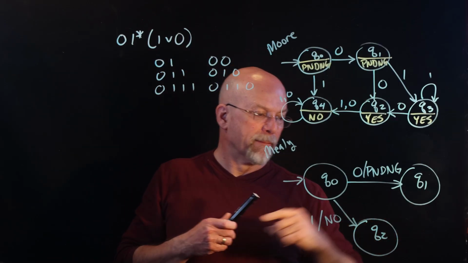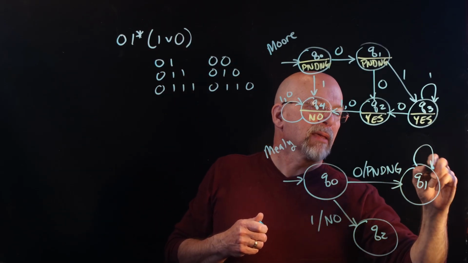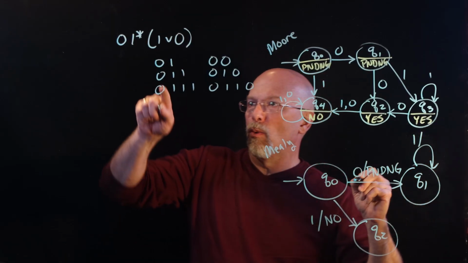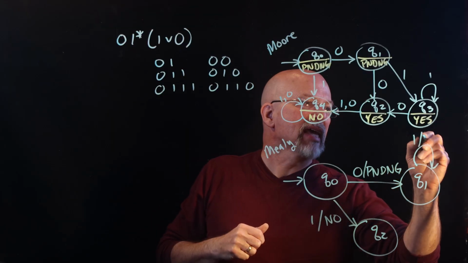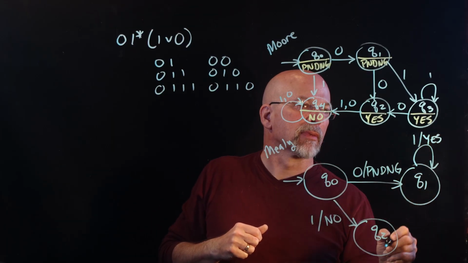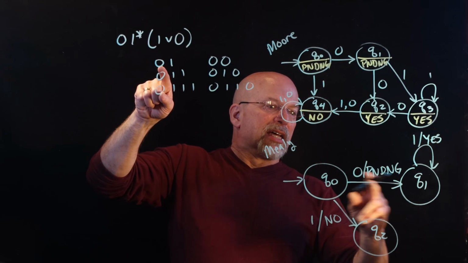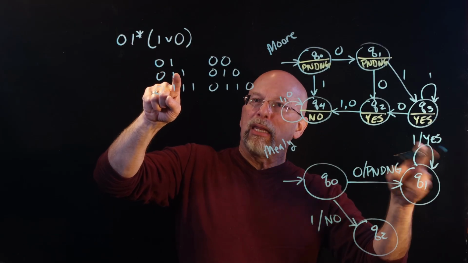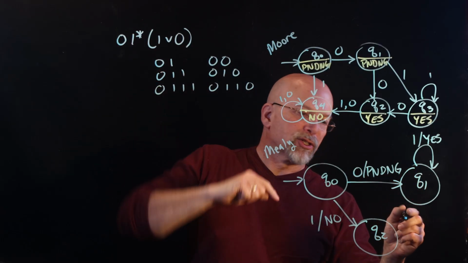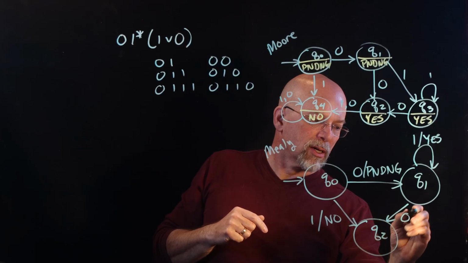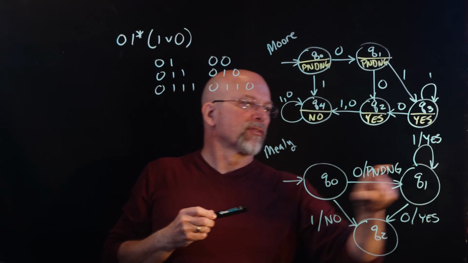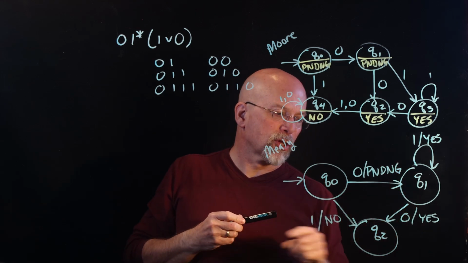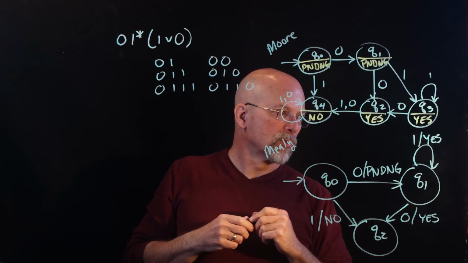Now, Q1, as long as I keep getting 1s, well, what I've got is a 0 followed by any number of 1s. That is a yes. If I get a 0 followed by any number of 1s followed by a 0, it's still a yes. All right. So I've got 0 and 1 coming out of Q1. I don't have 0 and 1 coming out of Q2.